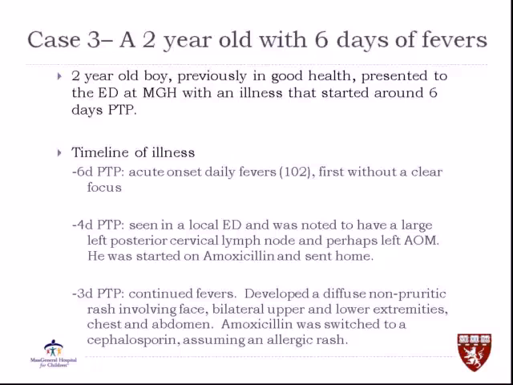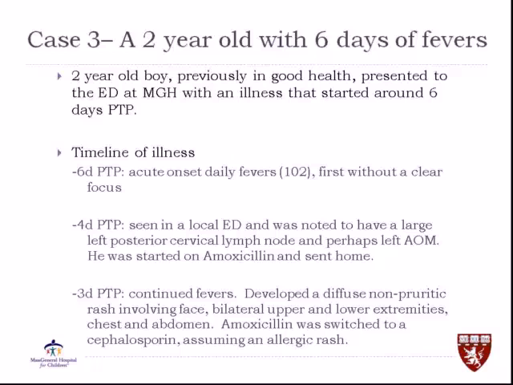And this is the timeline of his illness. 6 days before his presentation, his fever started out of nowhere, mom says, all the way up to 102. No clear focus initially. 2 days later, he was seen in a local emergency room and was noted to have a large left posterior cervical lymph node and perhaps left otitis media. So they thought, okay, good story: fever, lymph nodes, and perhaps some clinical findings.